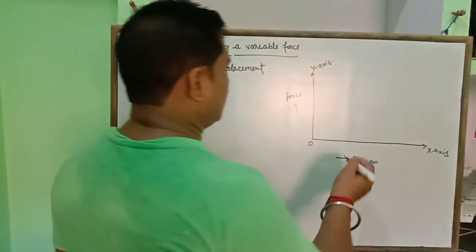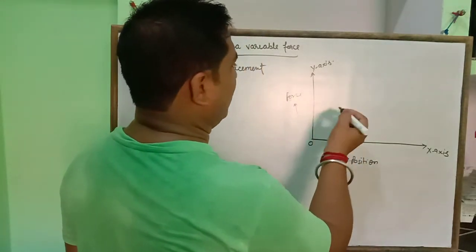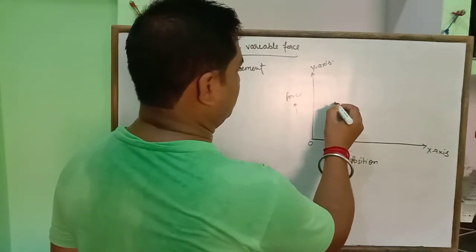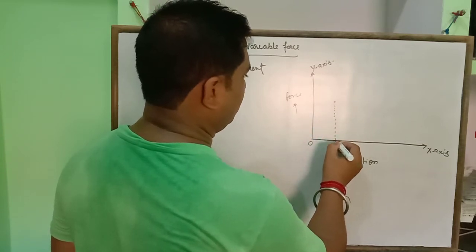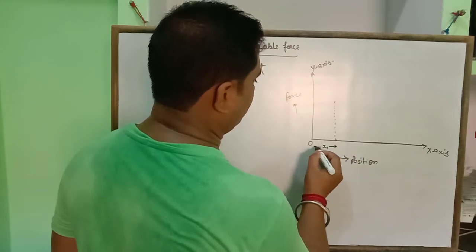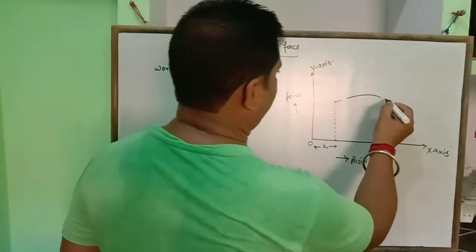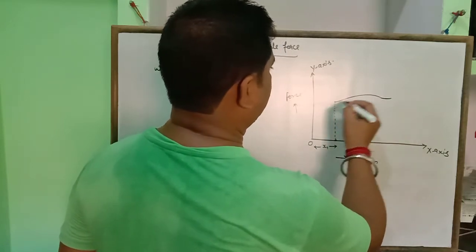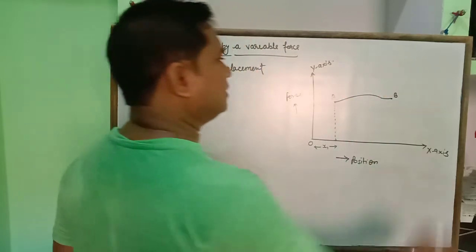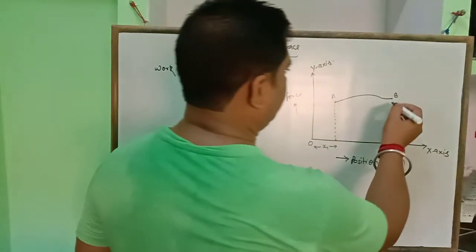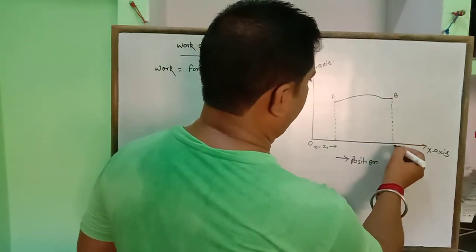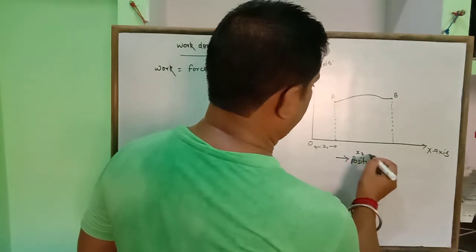Suppose the force is acting on a body and the initial position of this body is x1 from the origin, and the force is acting and changes from A to B, from the initial position x1 to the final position x2.